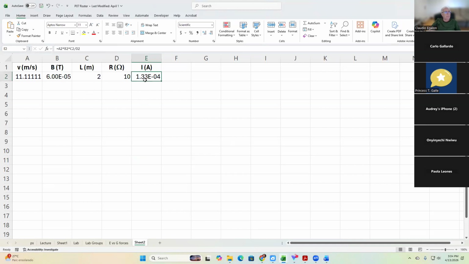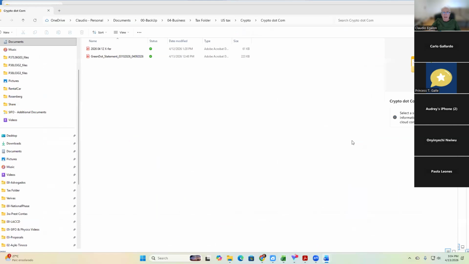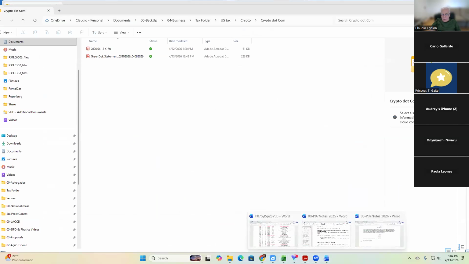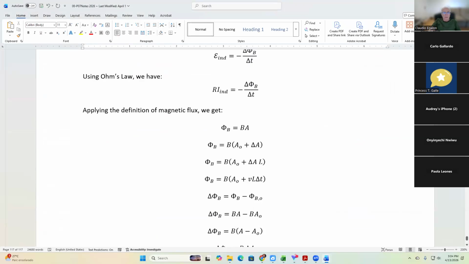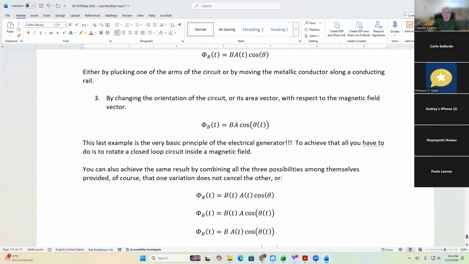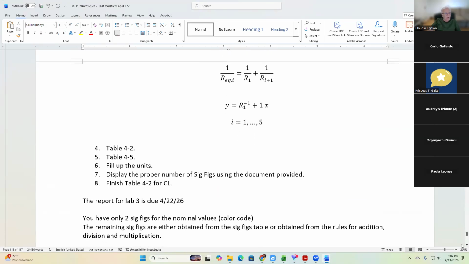Okay. That's what we have for this example. Now I want to talk about the generator, but let's get the chapters first.